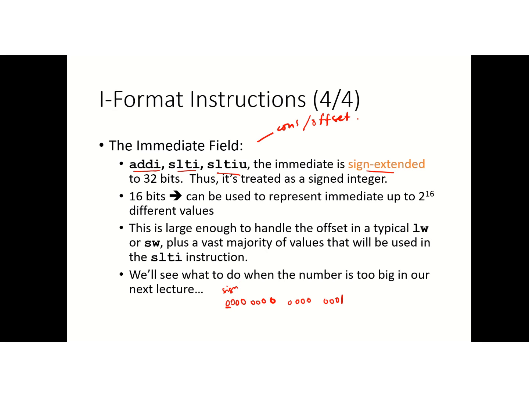If it's 0 it means positive, and if it's 1 it will be a negative number. So when we want to execute, the immediate field would be sign extended to 32 bits based on the sign bit, 0 here. So they would add 16 bits of 0.